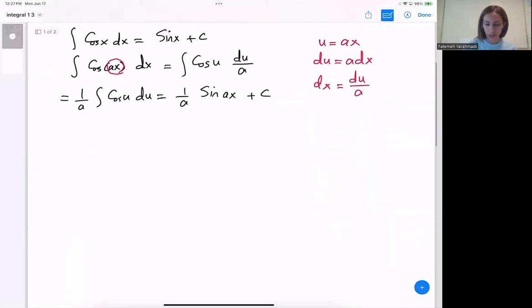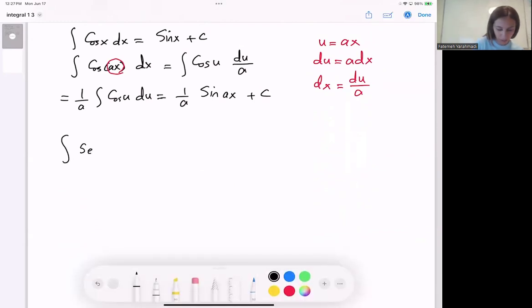Now, what if we are interested in calculating the integral of, for example, secant tangent? How do you calculate the integral of secant of x times tangent of x dx? What is this integral? To calculate this integral, let us break secant and tangent down a little bit.